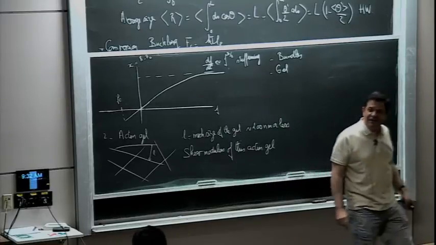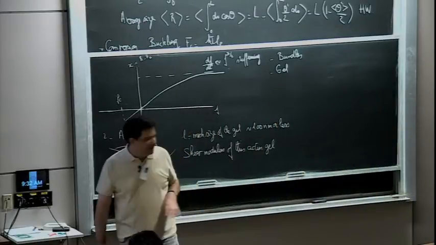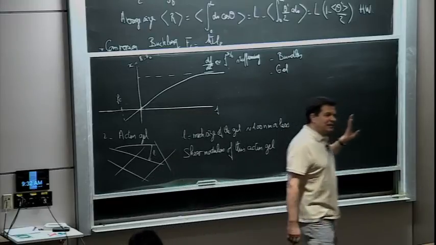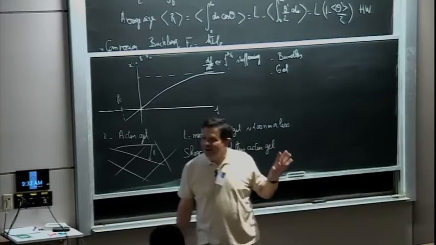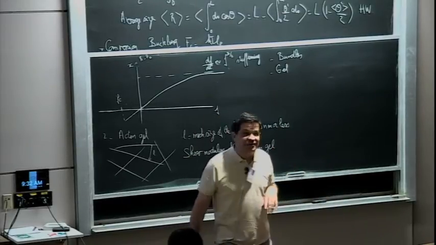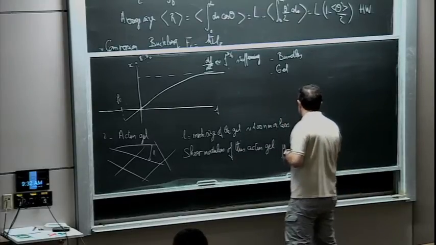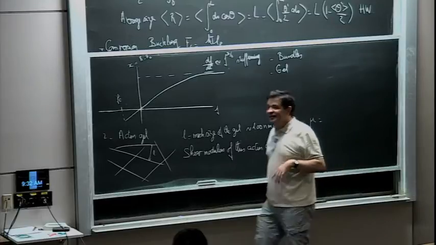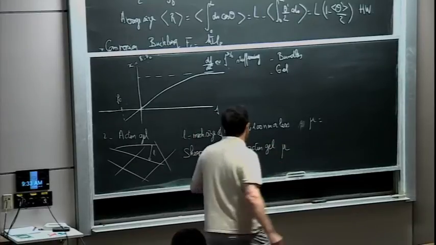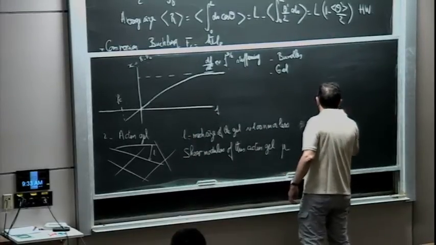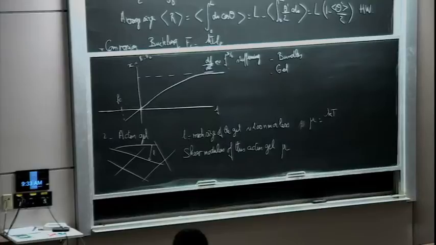Now, I know you had a lot of talks on elasticity and elasticity of gels like this. I don't want to go into these fancy descriptions. The only thing I want to do is give you an extremely qualitative argument on what the modulus of the gel could be. So I call that mu, and I write it as a scaling law. A shear modulus is an energy per unit volume. So the energy is kT, because whatever I do, the elasticity of a single filament has an energy scale of kT.